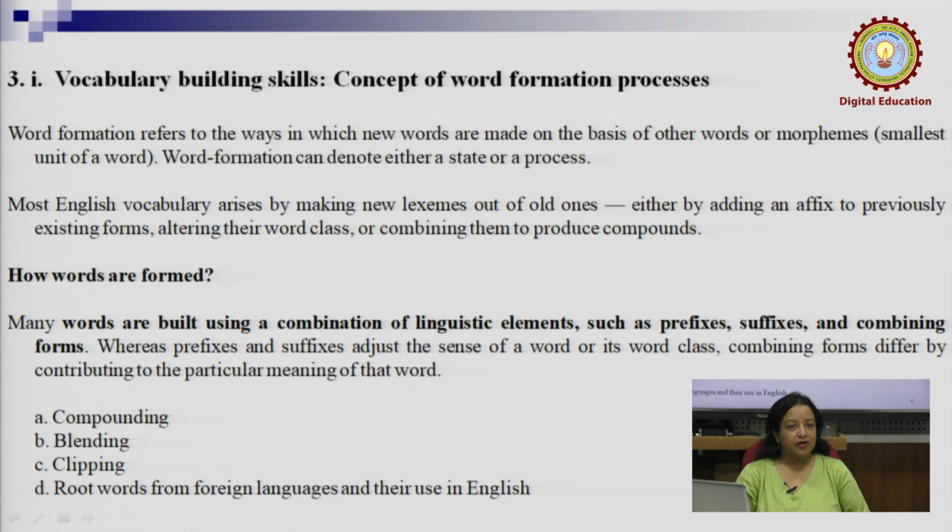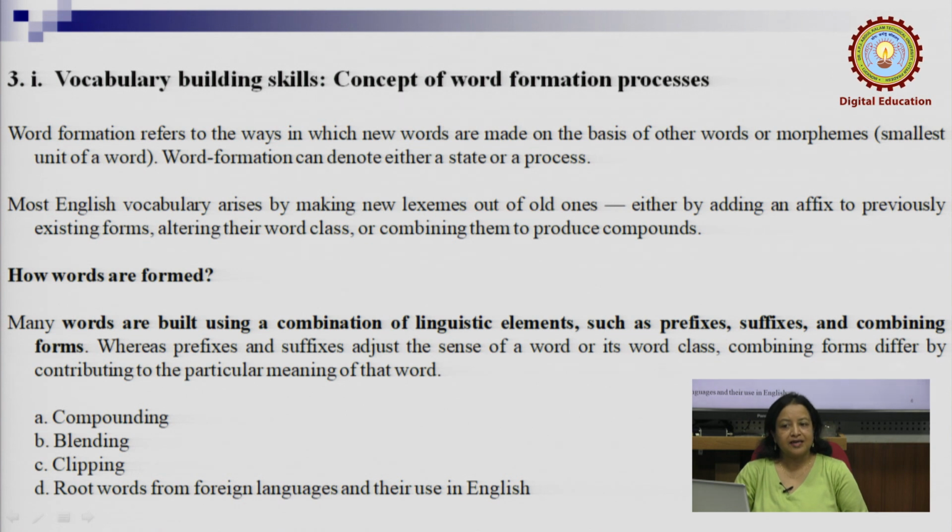The concept of word formation process as a part of vocabulary building skills. Word formation refers to the ways in which new words are made on the basis of other words or morphemes, that is called the smallest unit of a word.